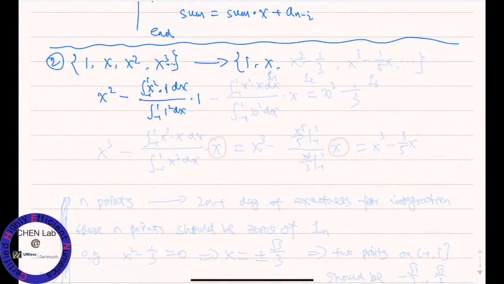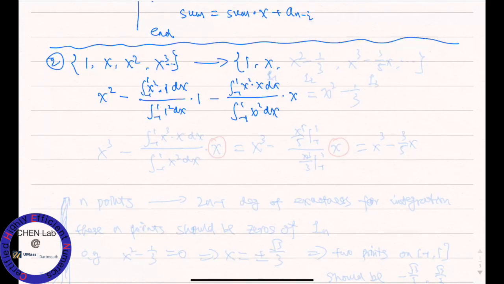And then subtract the projection of x squared onto x, the integral of x squared times x dx, divided by the length squared of that basis, that amount of x.